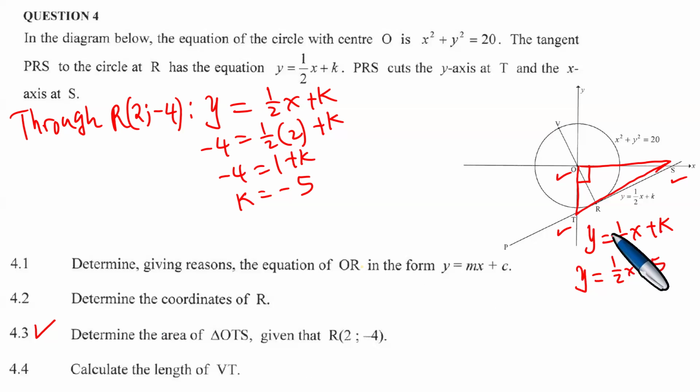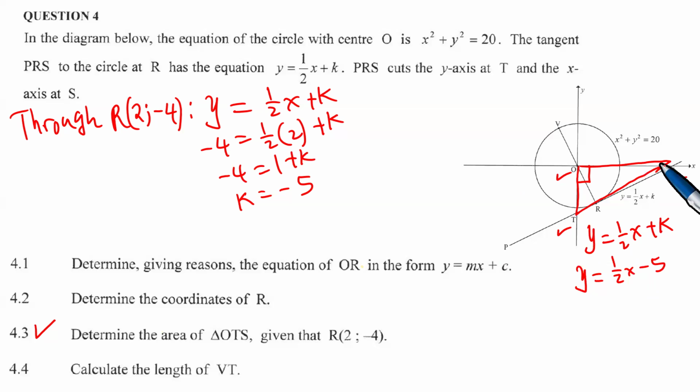To find the area, we must find the intercept with the axis so that we can easily find the lengths of the sides. So we proceed as follows to find the length of the sides.